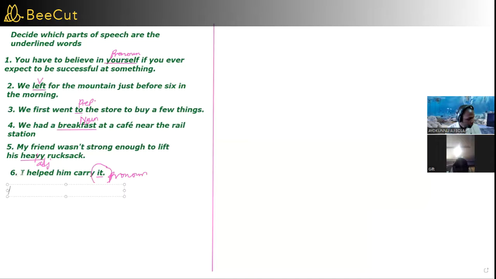Sentence 7. The weather was very cold. So the weather was very cold, and the word I'm going to underline is "very".